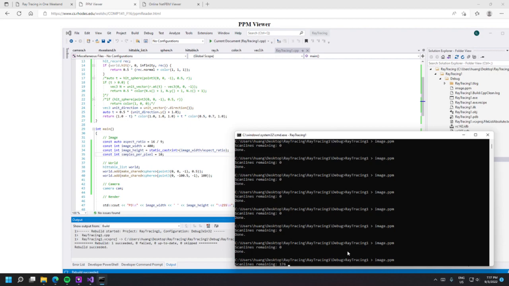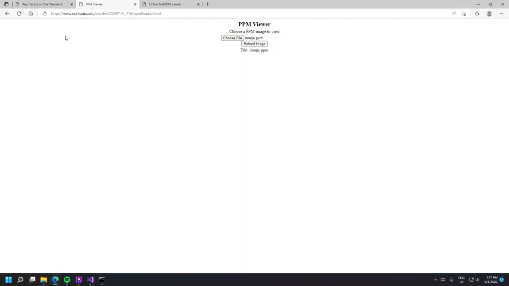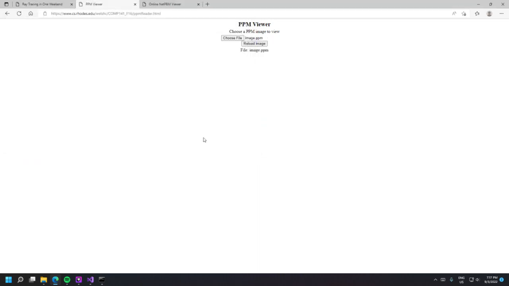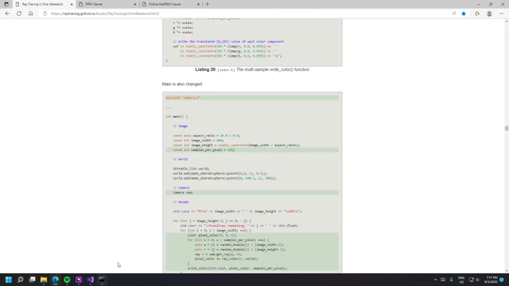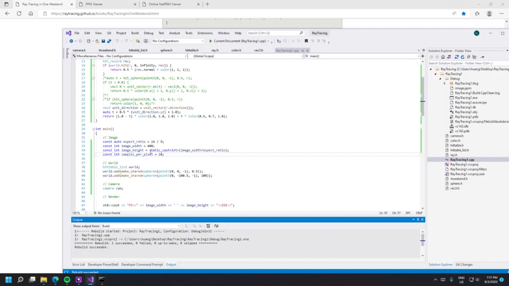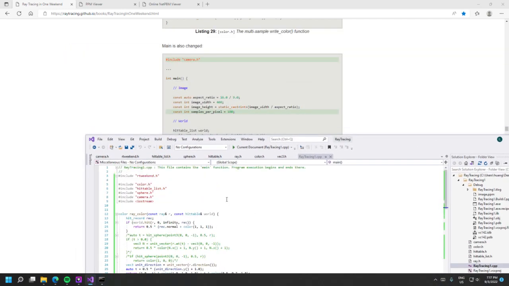Okay, if we do 10, as you can see, it speeds up the whole thing about 10 times. But no, it's still not showing anything. Then there's something else that's wrong. For example, the camera is not working, which means technically no light is going into the thing.